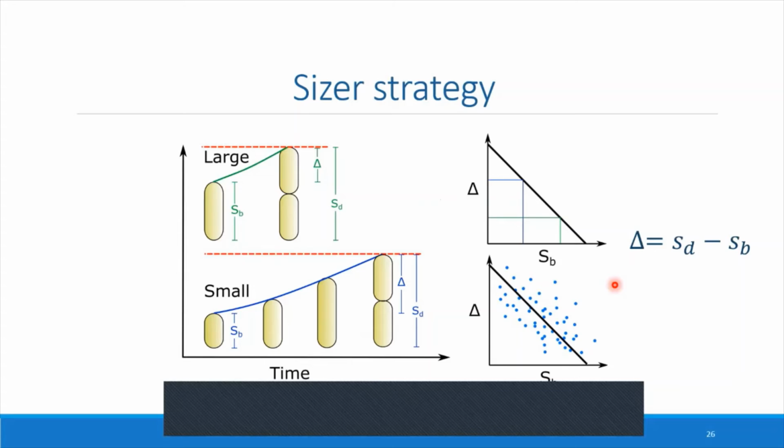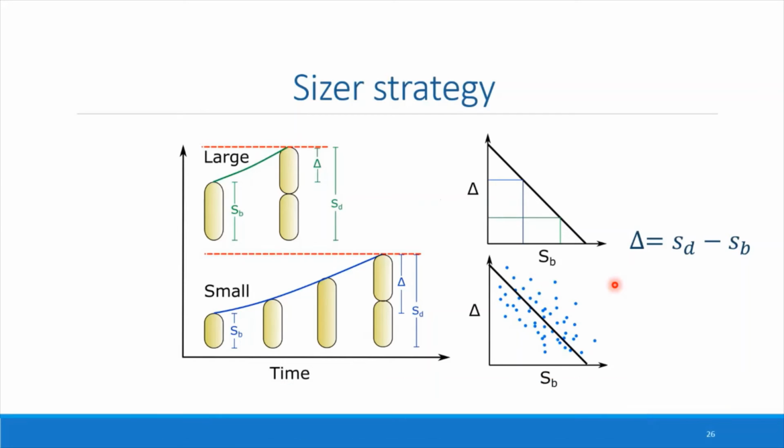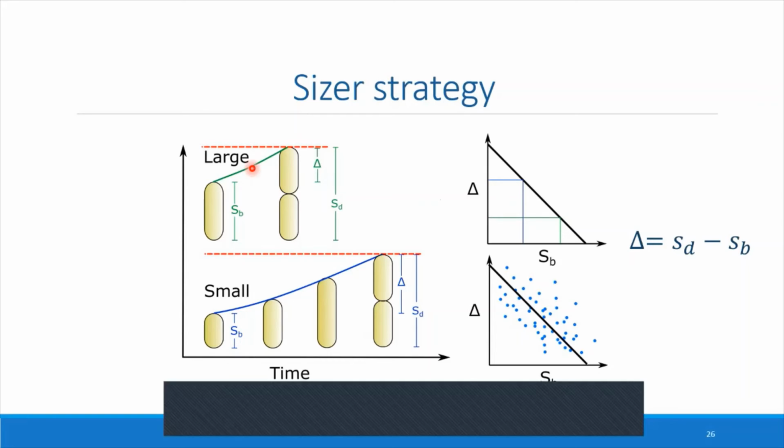A third division strategy is the sizer strategy, which tells you that bacteria want to reach a given size before division. So if the bacteria get born large, they add a small quantity of size because they are closer to that objective size.